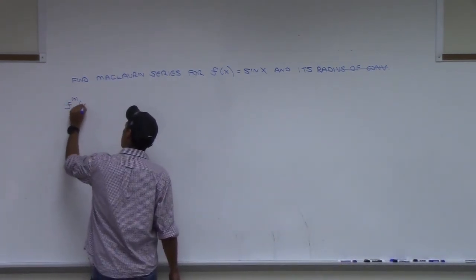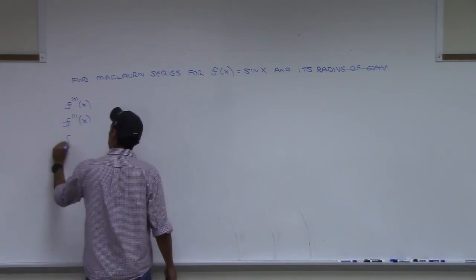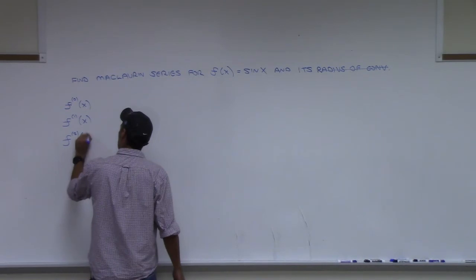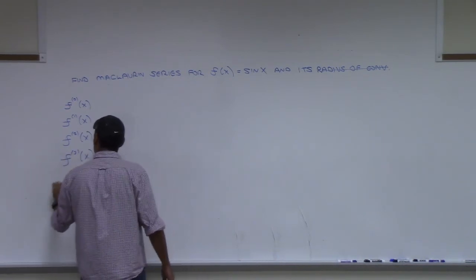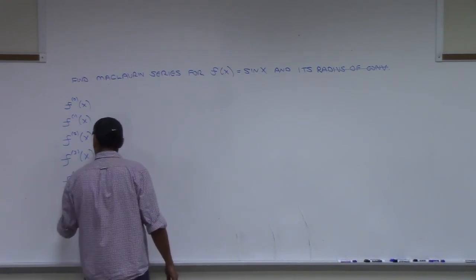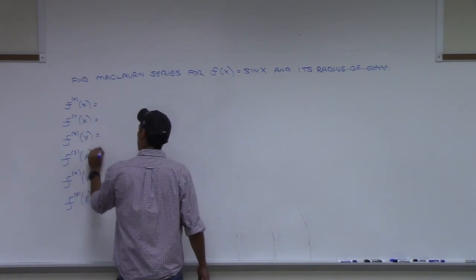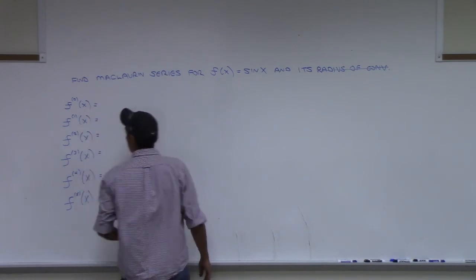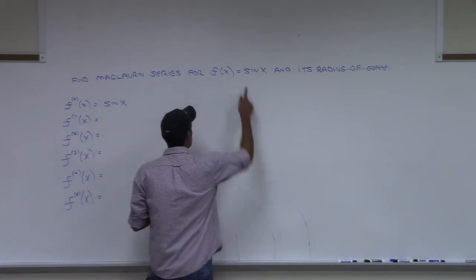The 0th derivative at x, the first derivative at x, the second derivative at x, the third derivative at x, the fourth derivative at x, fifth, okay? So let's go ahead and take these derivatives. So sine x, that's no derivative.